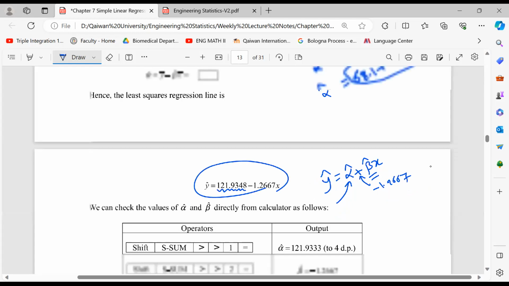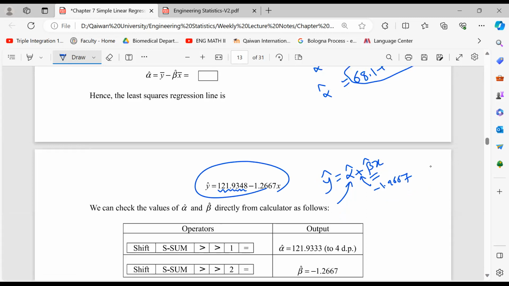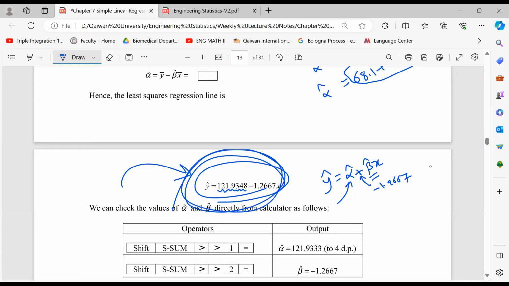As you see, we just found the values of alpha and beta. Nothing else. If it's asking for finding the linear regression equation, you just need to find the values of alpha hat and beta hat and plug them into this equation. You get the linear regression equation.